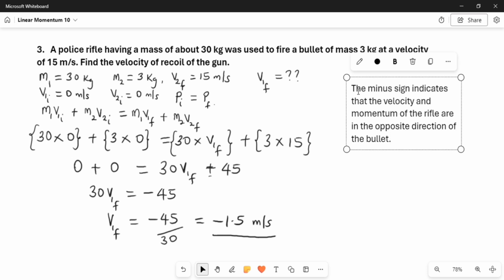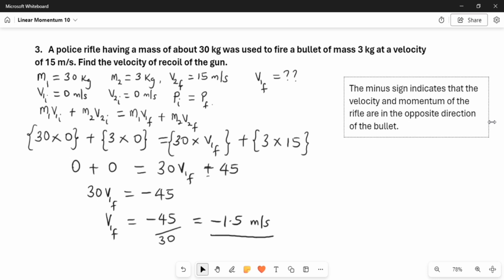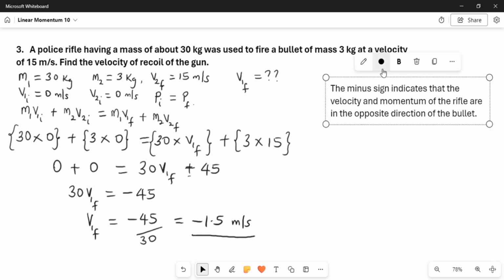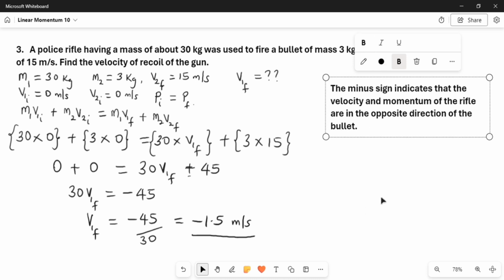If they were to be in the same direction, then it will have been positive. But since they're in opposite direction, it is negative.